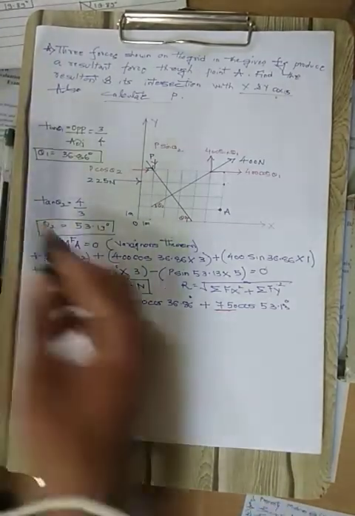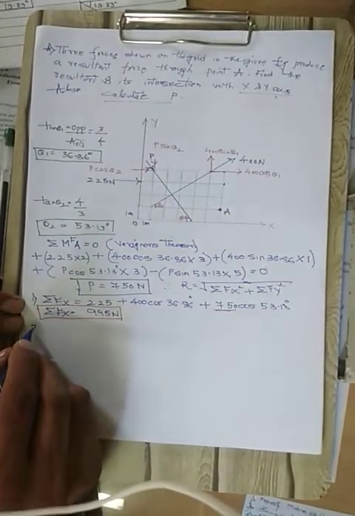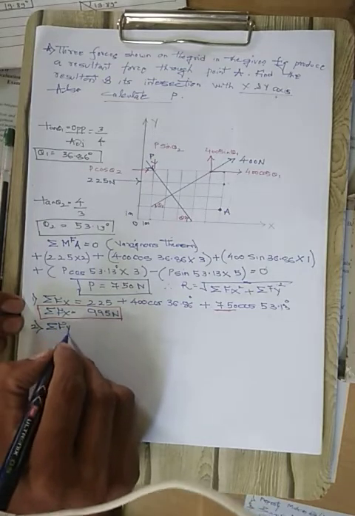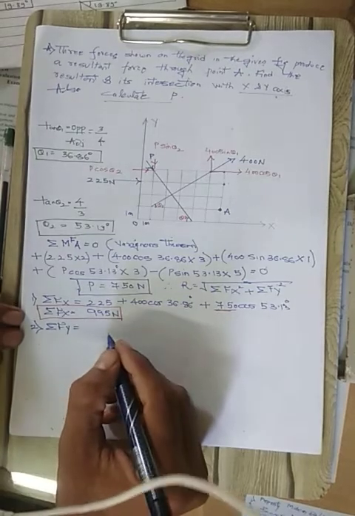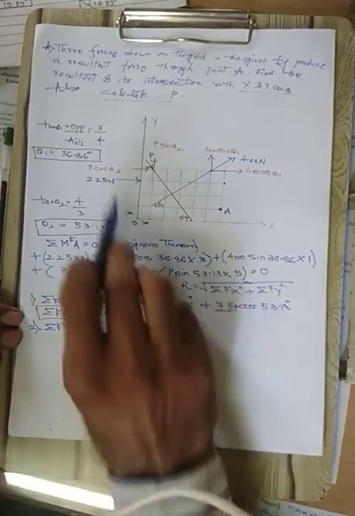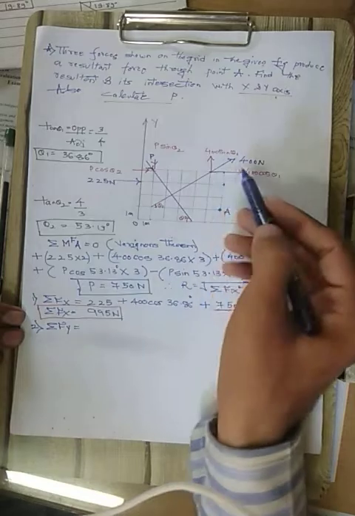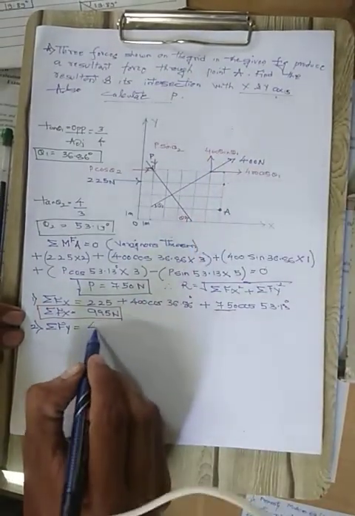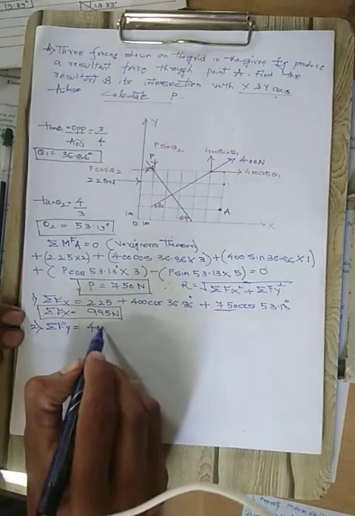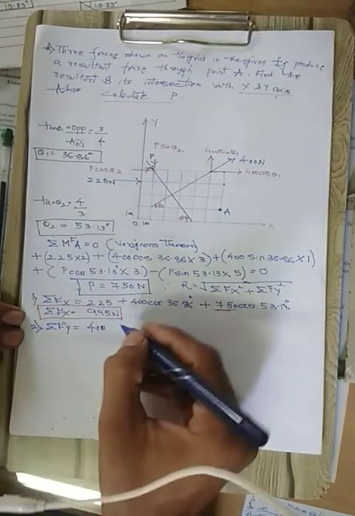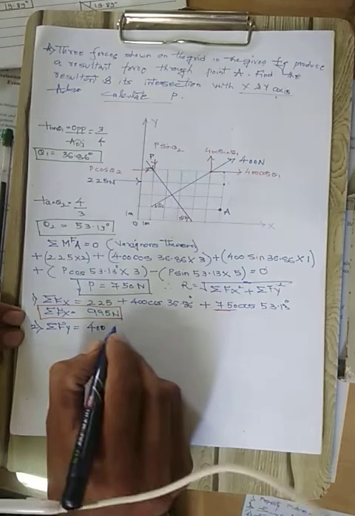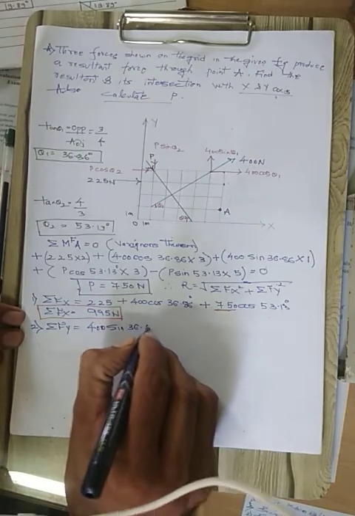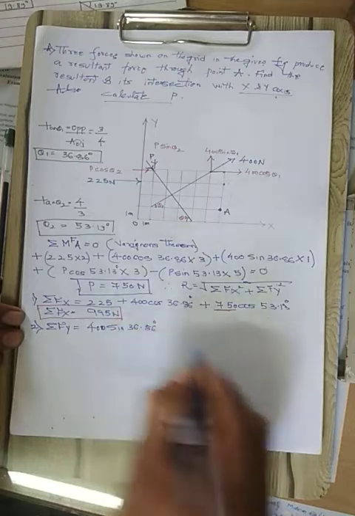Okay. Next, the y components, summation of all y components. The summation of Fy is equal to one by one all y components. So here there was no y component for the first force, so we cannot take that. Yes, 400 upward, and sine of theta 1, 36.86 degrees.